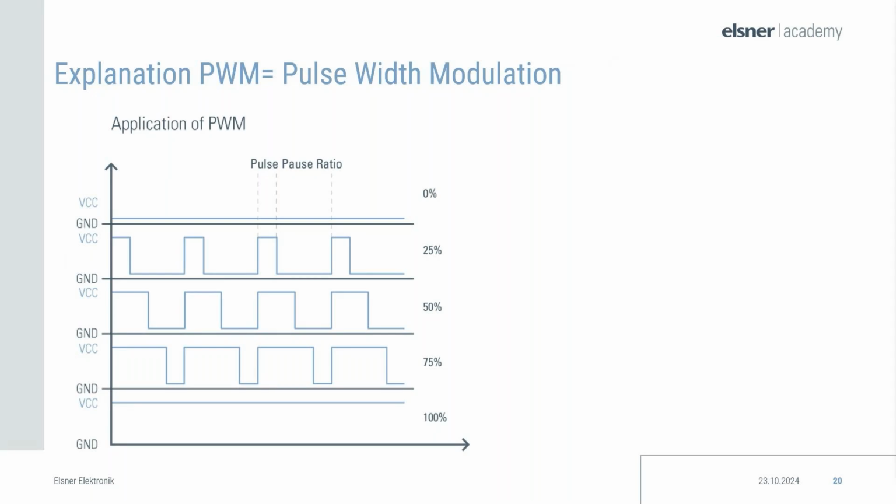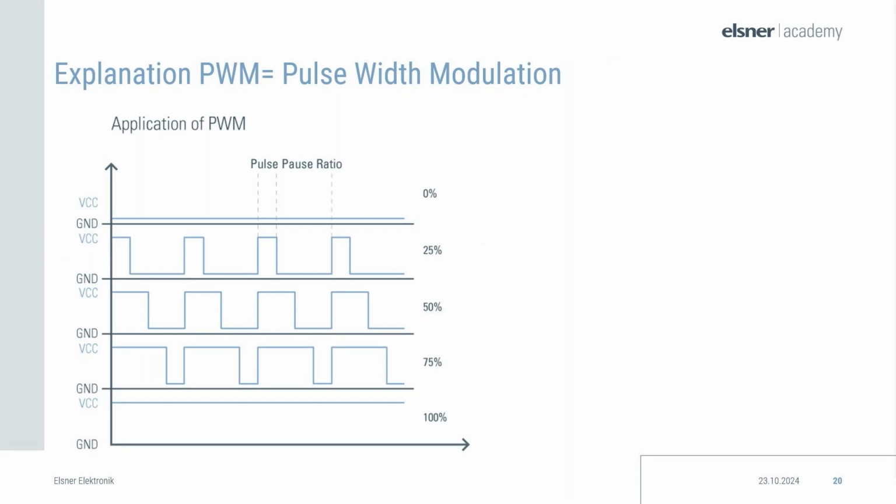For the continuous control, it is necessary that the valve not only opens or closes completely, but that we can also control the valve in various intermediate positions from 0 to 100%. This is realized via the so-called pulse-width modulation control.